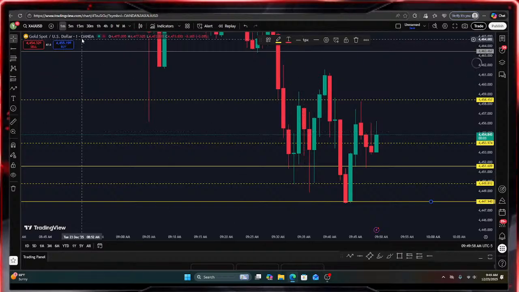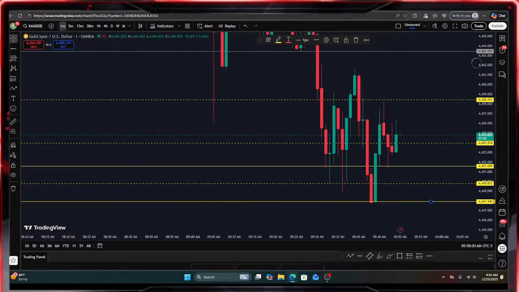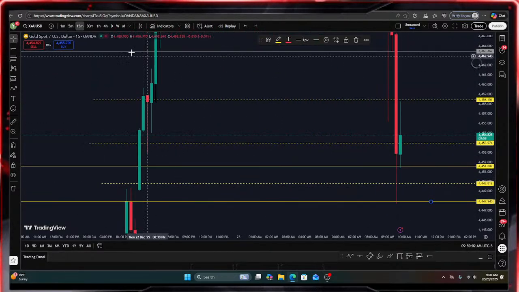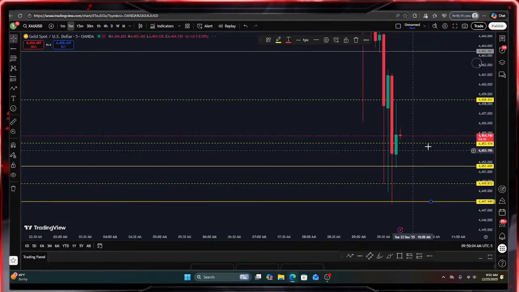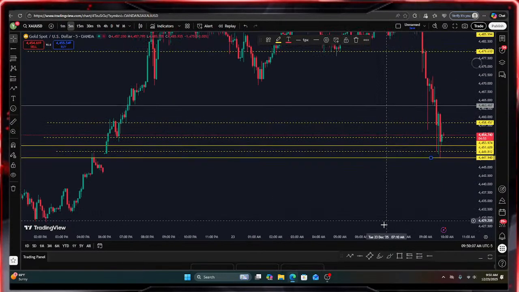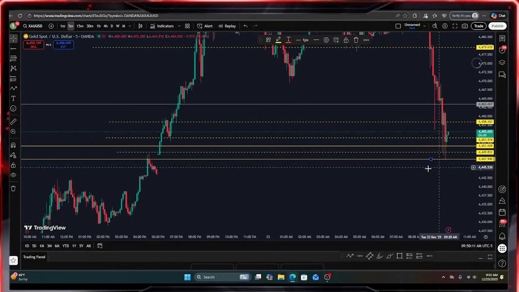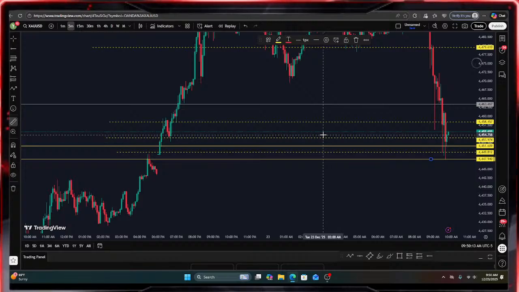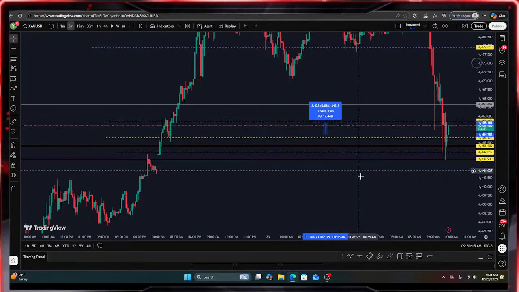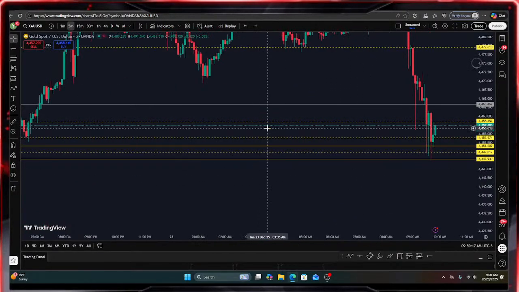Yeah, let's see if we can get a closure below though. We still got 9 minutes, 5 minute candle close, bullish above. Yeah, what's the range going up? 32, 34.